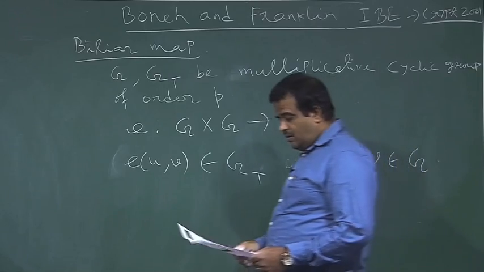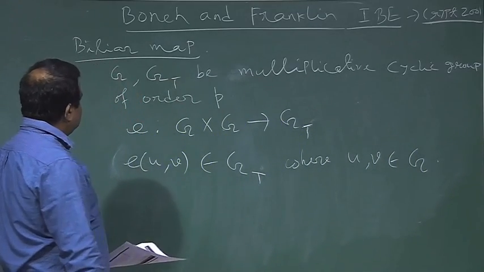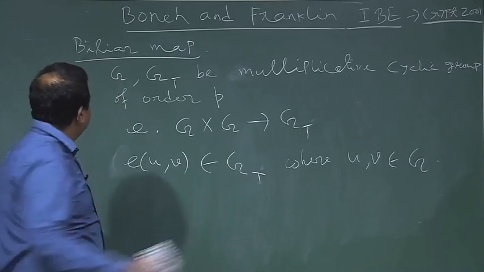So this will be called a bilinear map if it satisfies some properties. What are those properties?